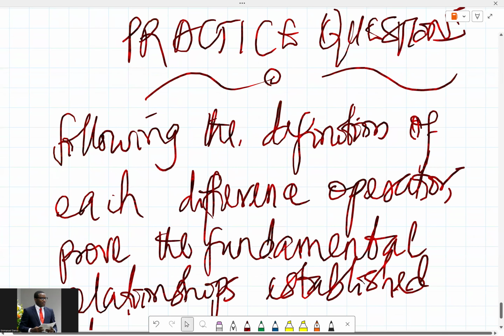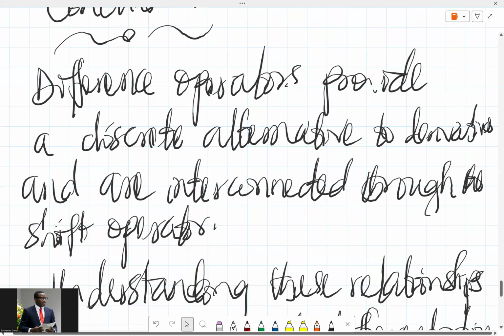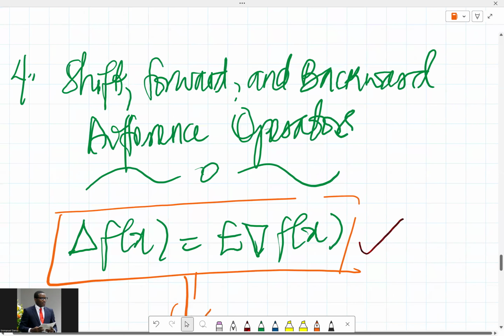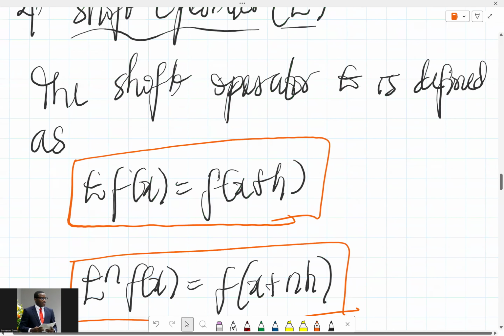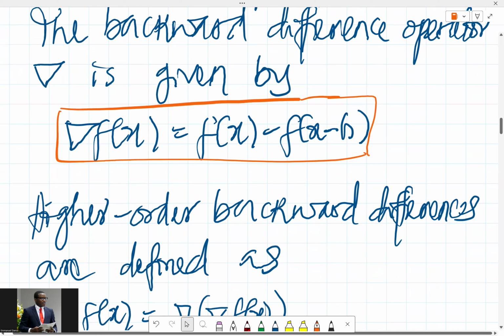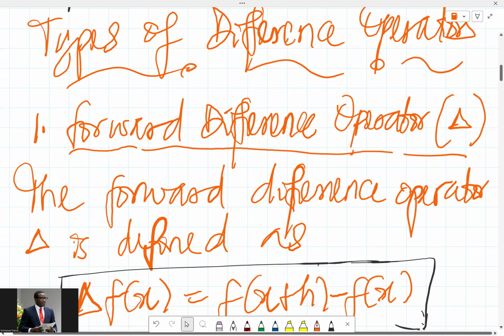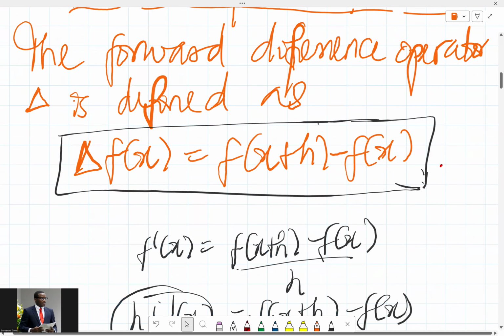So following the definition of each difference operator, you know the definitions already. I defined the operators initially before I came to their connections. What I mean is following these initial definitions up here. So this is the definition for forward difference.